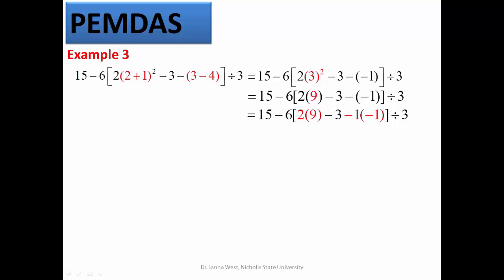Recall when you have a negative in front of a parentheses, that just means you're multiplying that negative times what is inside of the parentheses, but it is like multiplying negative 1 times what is inside of the parentheses. When we do the operation of multiplication, we multiply 2 times 9, giving us 18, and we multiply negative 1 times negative 1, which is positive 1.